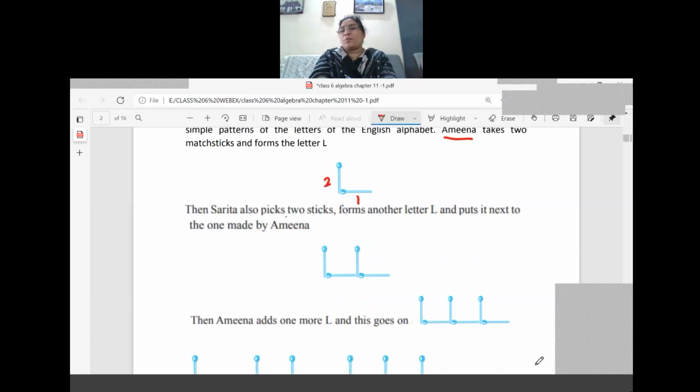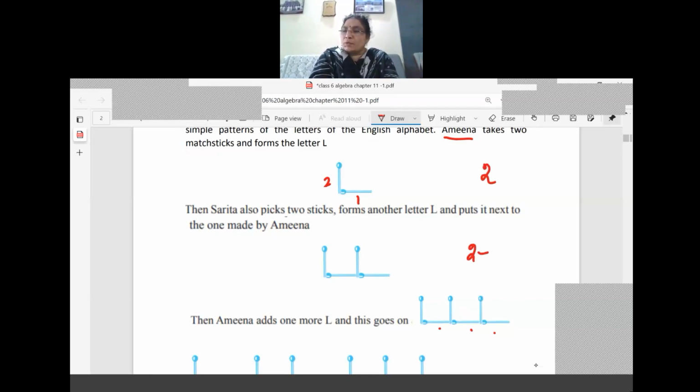How many L's are there? One, two, then three. In this case, two sticks were used. Now Sarita puts two more, so another two came. So total how many? Four, right? Now here, two plus two plus two, total 6.